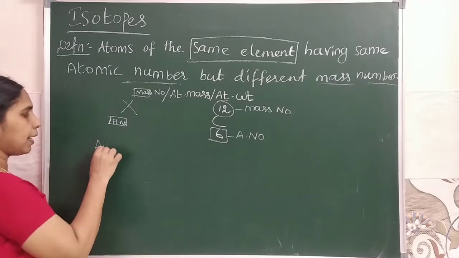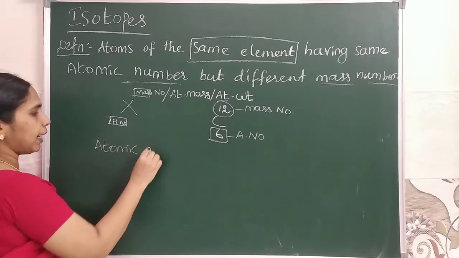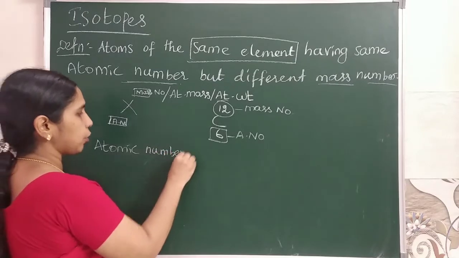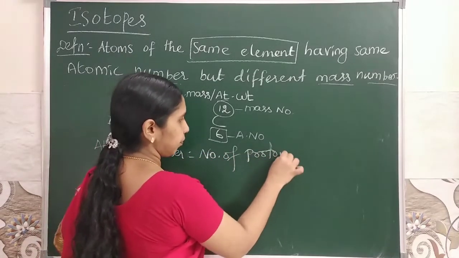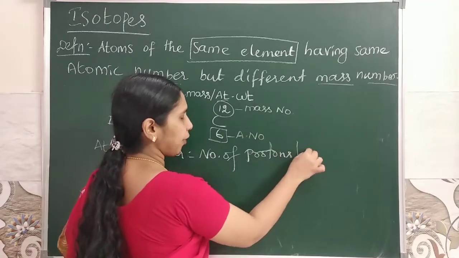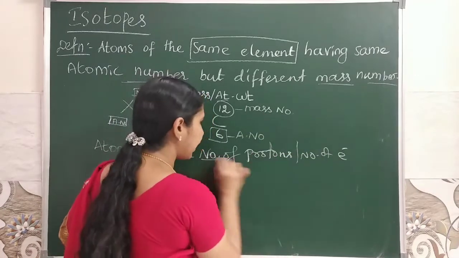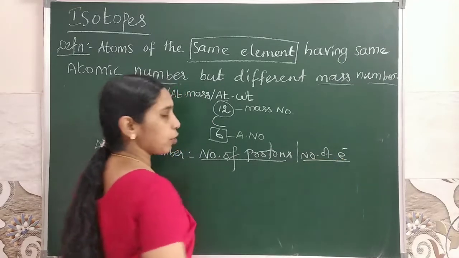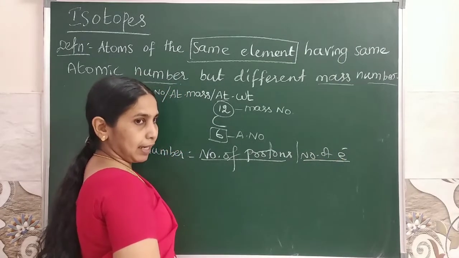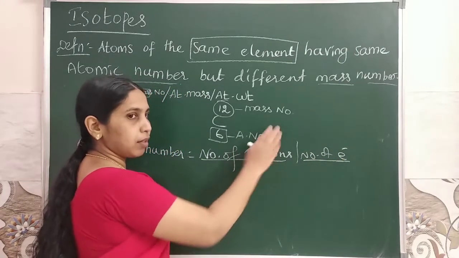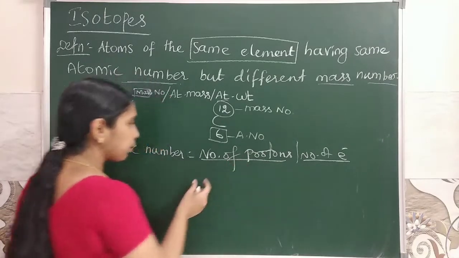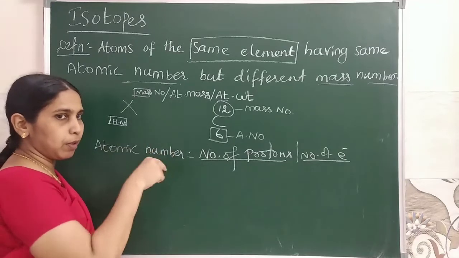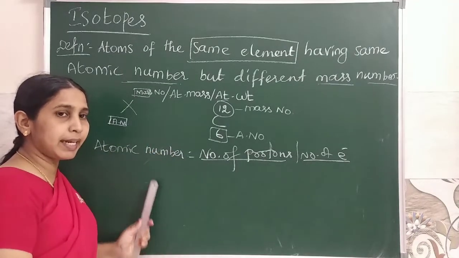Atomic number is equal to the number of protons, or the number of electrons. However many protons there are, the electrons will be equal. Protons are present in the nucleus.